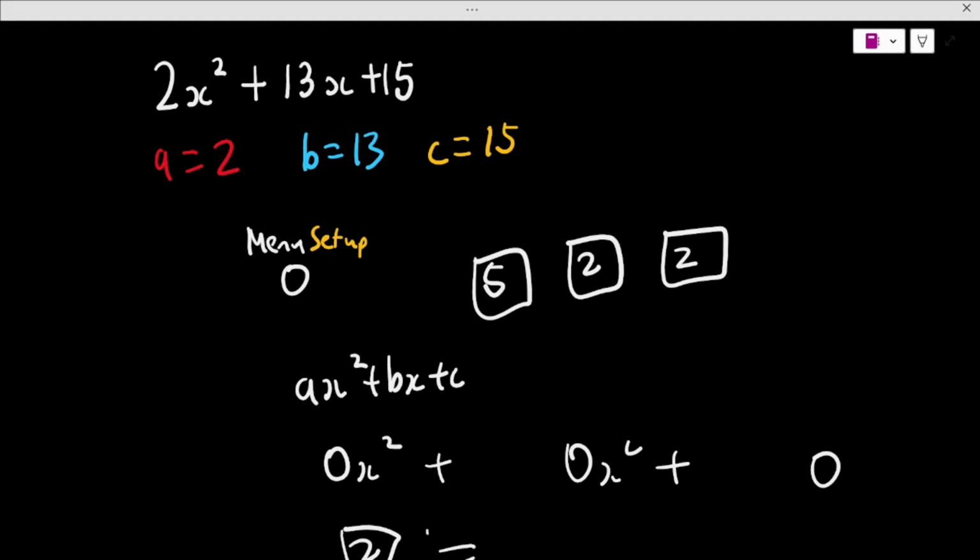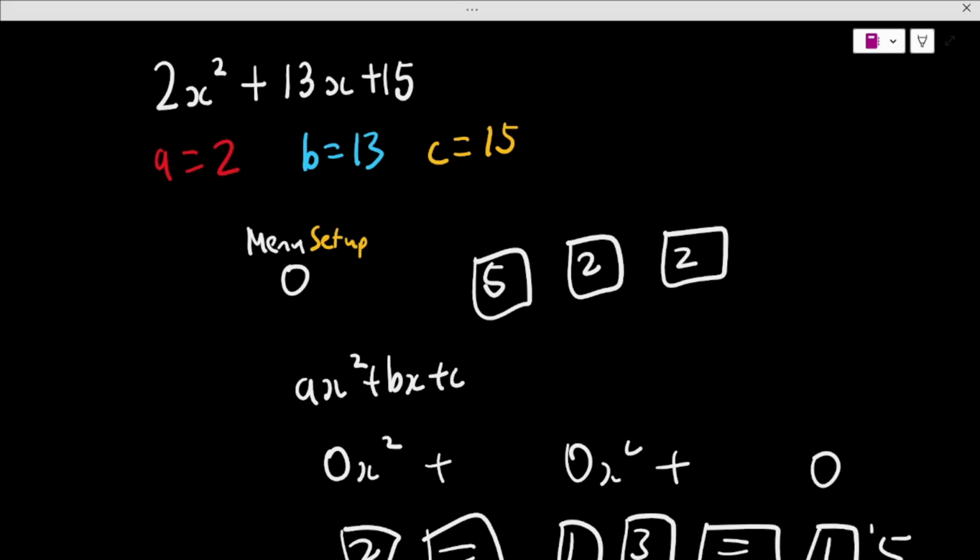Then press equal, not enter. Okay, next we are going to write 13, so 1, then 3, then press equal. Finally, you're going to put 15, so 1, 5, equals. Finally, press equals one more time.